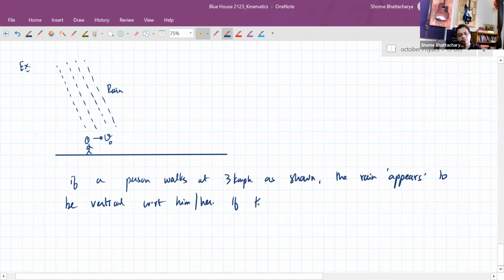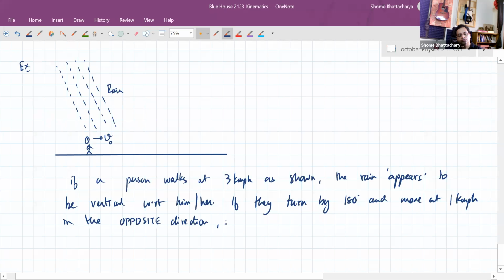Now, if they turn by 180 degrees and move at 1 kilometer per hour in the opposite direction to that shown, now the rain appears to be at 45 degrees to the vertical.